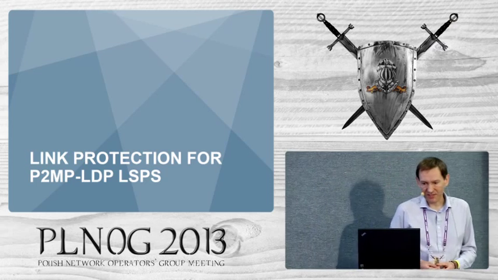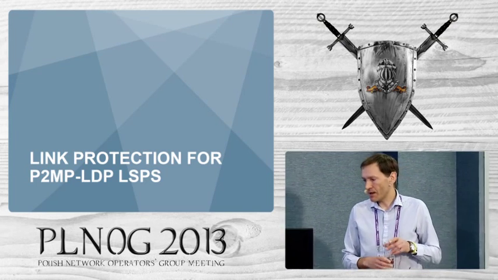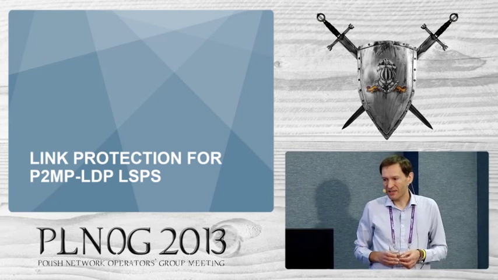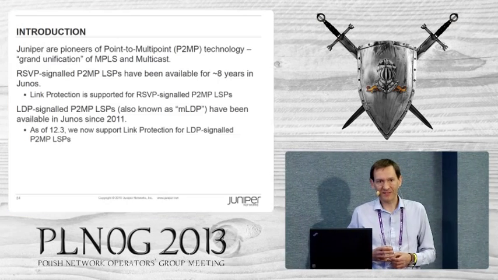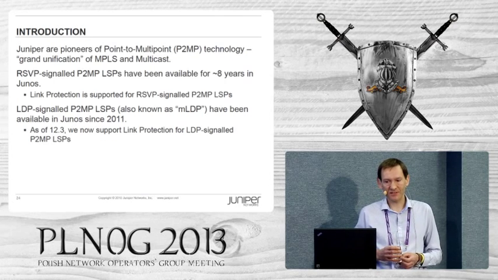So by way of introduction regarding the point-to-multipoint LSPs, in Juniper we've been pioneers of the point-to-multipoint technology, and it's very interesting because it represents a grand unification of MPLS and multicast.